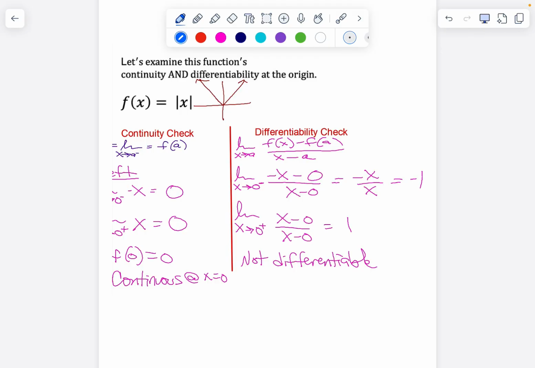So from the left, we make it negative. From the right, it's just positive. And we get two different values, -1 and 1, which proves that the limit doesn't exist there in terms of our definition of the derivative. So it is not differentiable. Okay?